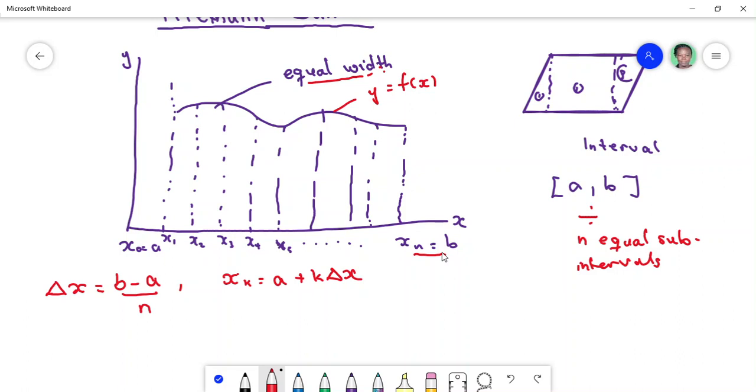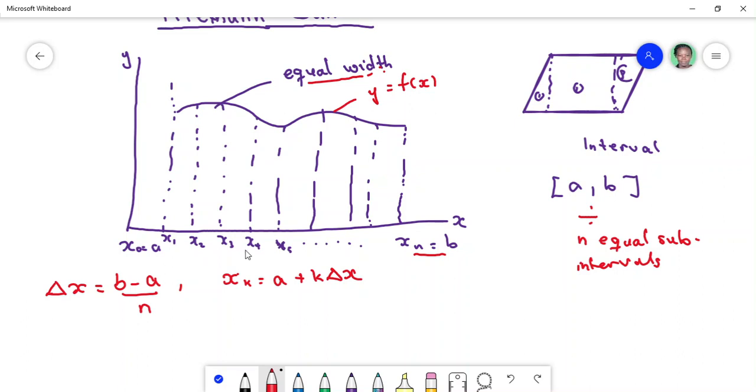So with this, I can define a Riemann sum. The whole objective is you want to construct rectangular shapes with equal intervals, so that we can find the sum of that.